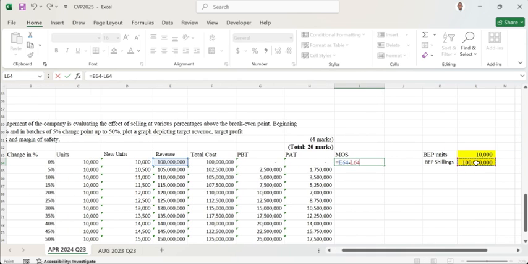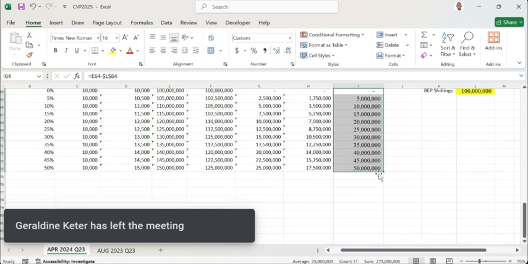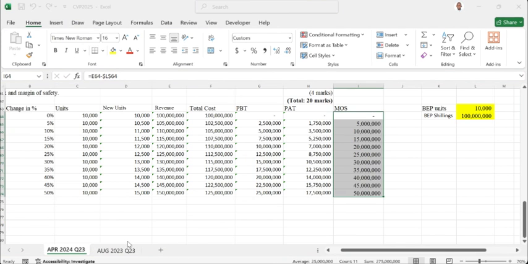Right. Ni expected sales in units over expected sales in revenue at break even point. Over, okay.